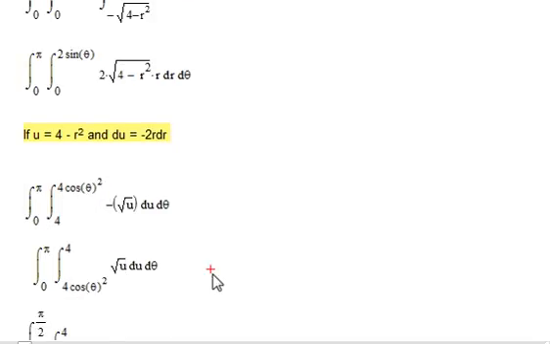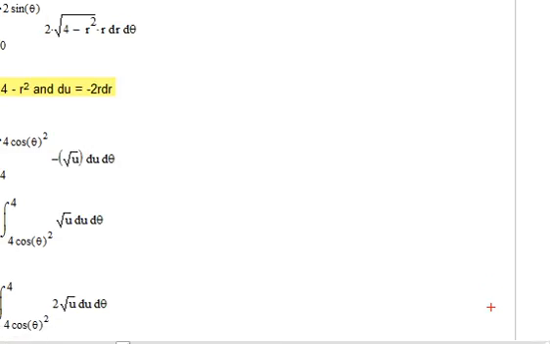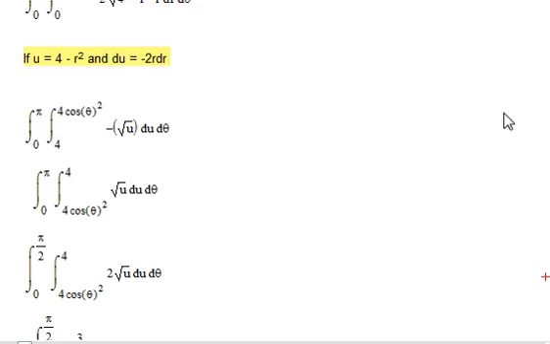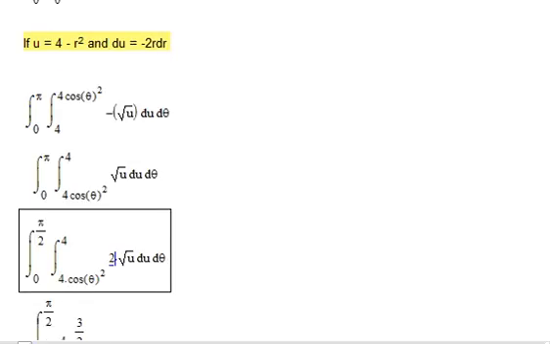So now our integral has become ever simpler. Another thing to notice is the symmetry of our region. We could just integrate from 0 to pi over 2, our 2 square roots of u du d theta.